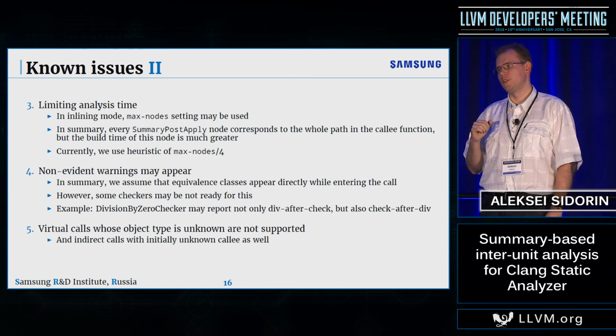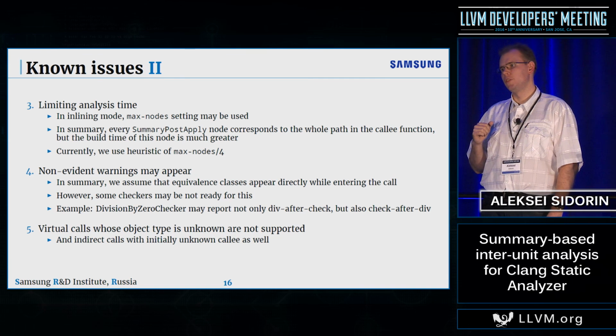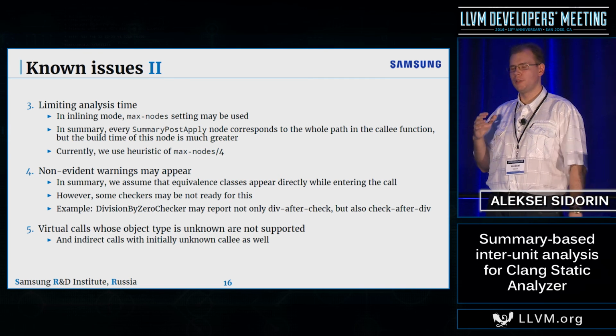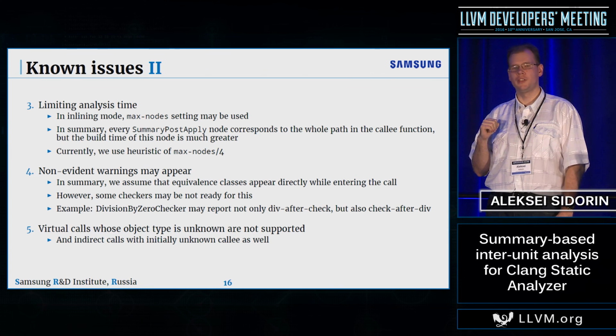The other minor issue is the appearance of non-evident warnings. The reason is that we don't track the order in which our symbolic values are constrained. So at the moment of the summary application, we already know all the constraints which were not known in the inlining mode.